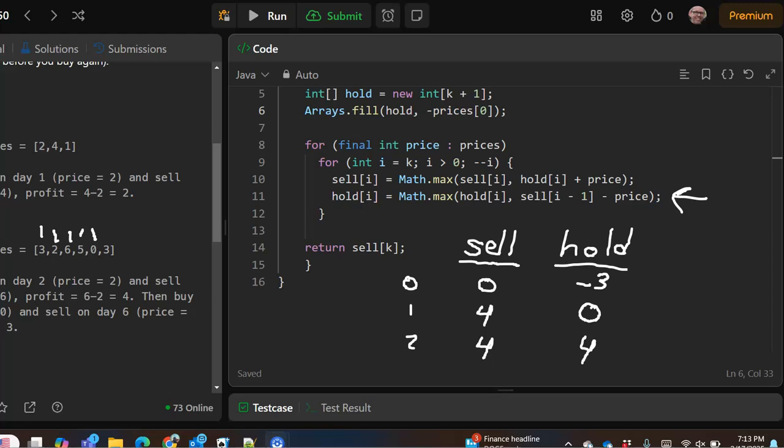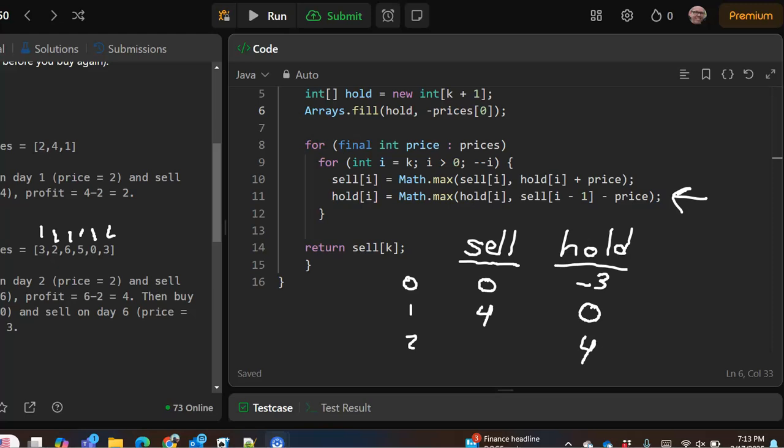All right. And finally, we will go here. 3. Update the sell. The sell is the max of what we have now or hold plus price. 4 plus 3. That's better than 4. All right, let's take that out.